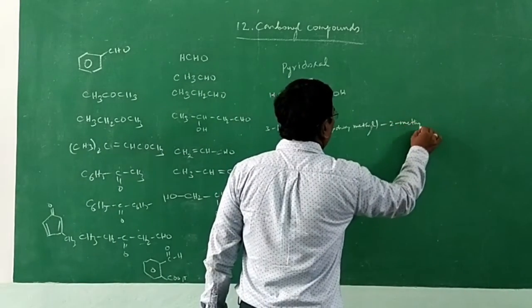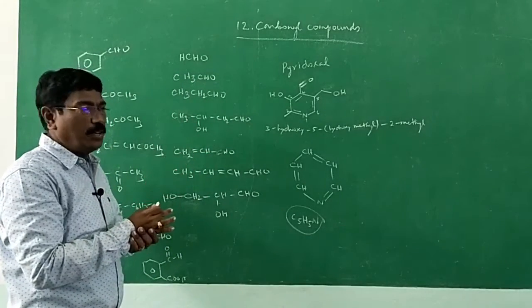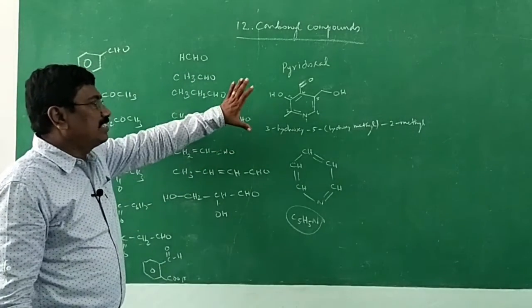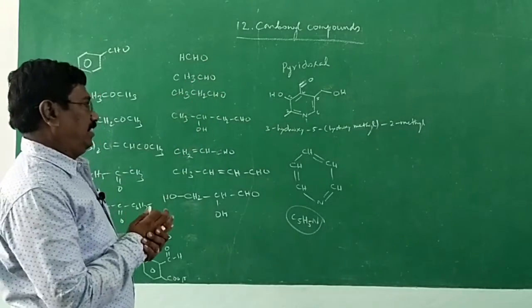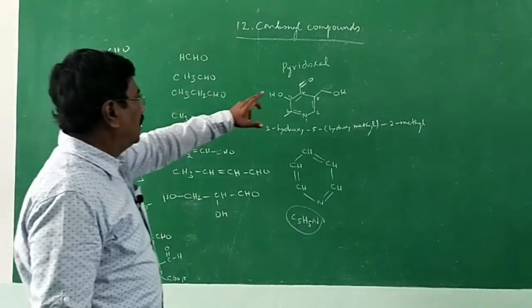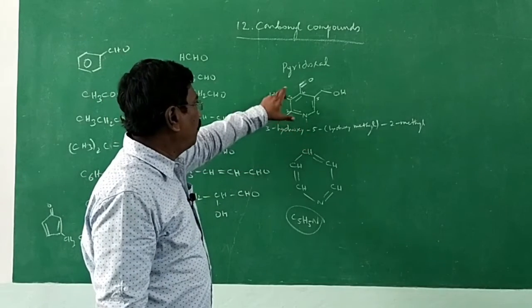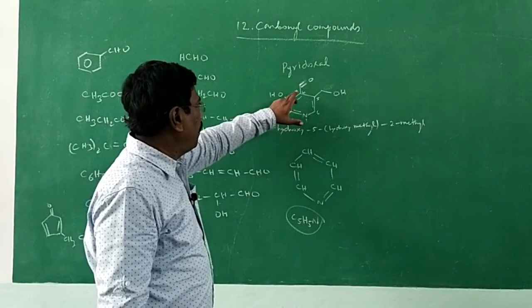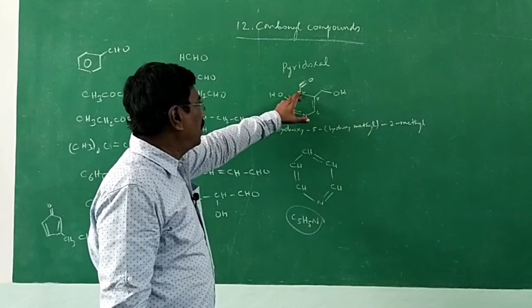Just to make you get interested in the subject, I have introduced the name. We don't need this IUPAC name. Just to give you an exposure, I tried. At the third carbon we have OH. Numbering we start from here. What for? It should get priority, but it is at the fourth carbon atom.